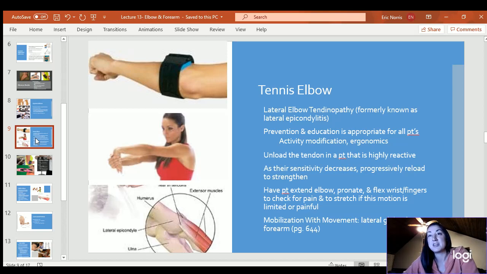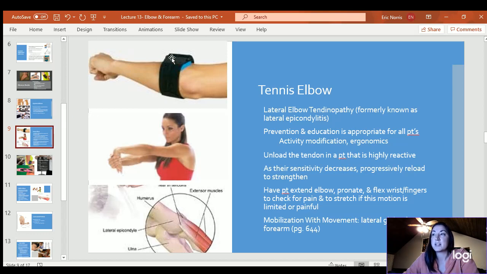But we teach the patient how to prevent it in the future, what to avoid, and things to stop doing for a while until it gets better. So activity modifications, making sure they're having good body mechanics and good sitting positions and all that to avoid irritating the area. You need to unload the tendon, and typically that's really suggested for a lot of the patients.